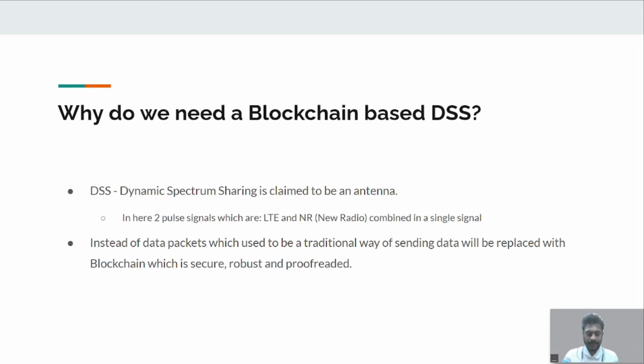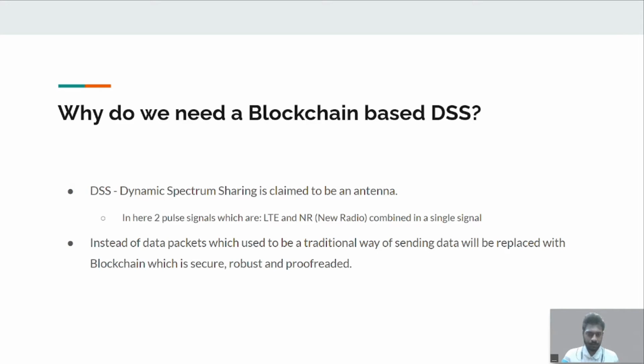LTE is a high speed data transfer protocol, and these two signals, NR and LTE, are combined in a single signal where there will be two pulses.